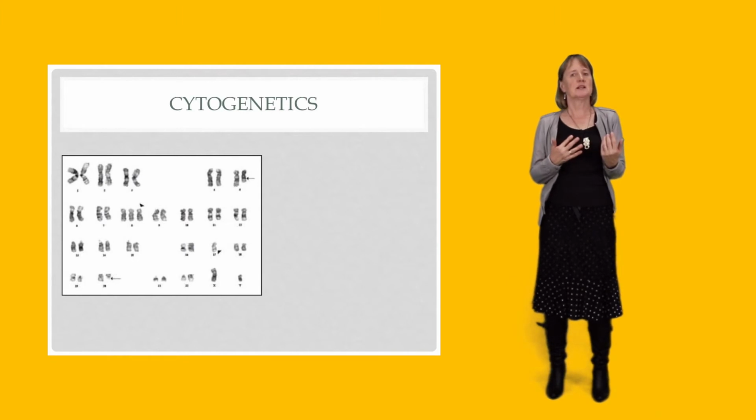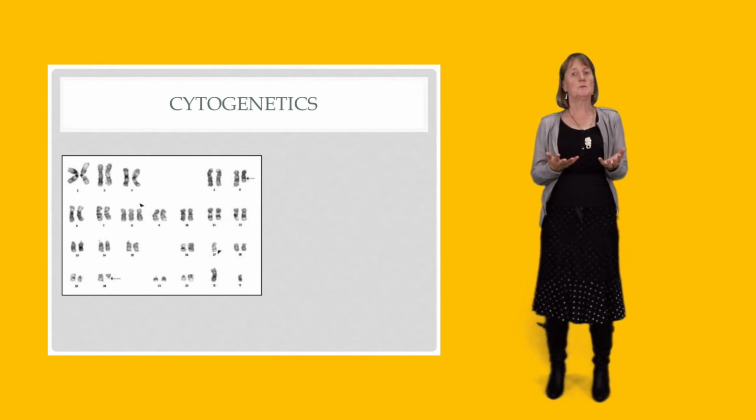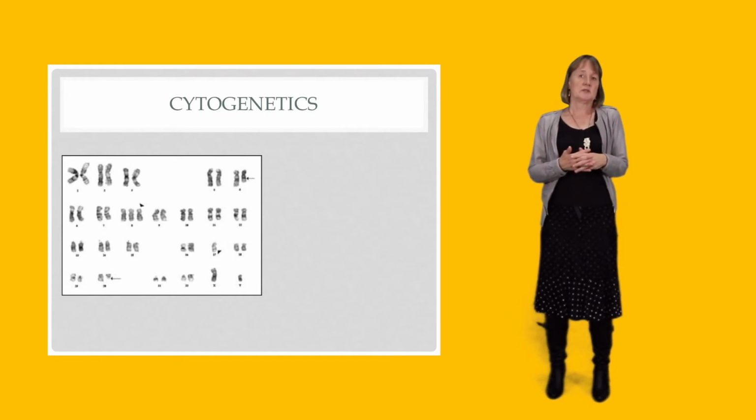Sometimes the diagnosis of myelodysplasia is quite obvious from the blood count and the bone marrow findings. Sometimes it's not so obvious. And one of the things that we can do to help us make a diagnosis of myelodysplasia is to do cytogenetics.